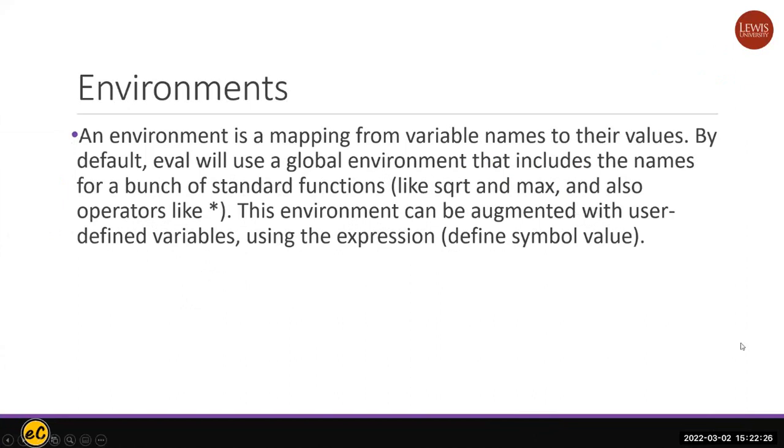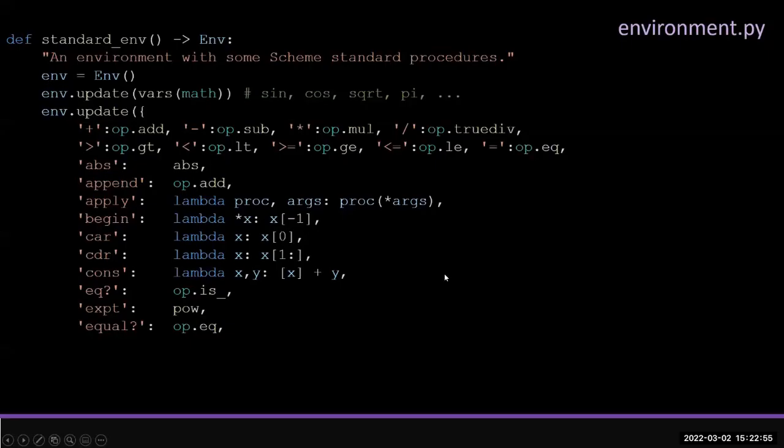The environment keeps track of the variables, the function call labels, and the temporary values. So an environment is a mapping from variable names to their values. You can think about it as a simple table. By default, the eval function uses the global environment, including a bunch of standard functions. The environment can be augmented with user-defined variables and expressions.